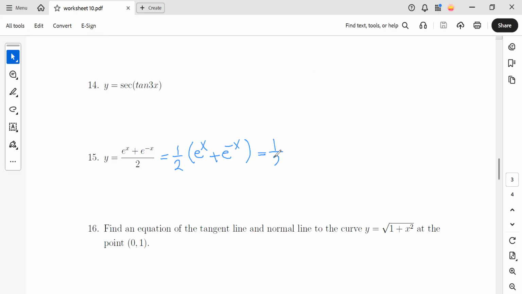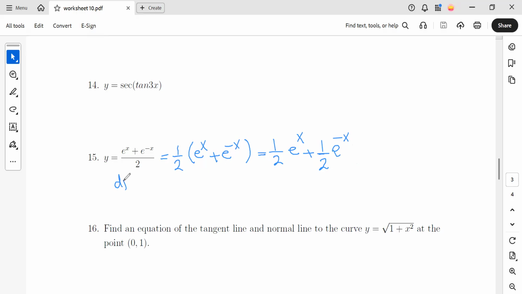Also, you can rewrite that as 1 over 2 e to the x plus 1 over 2 e to negative x. Or you can simply keep it as 1 over 2 times e to the x plus e to negative x. It all depends on you.